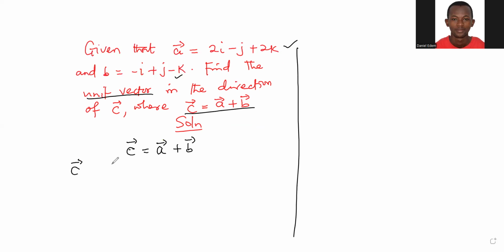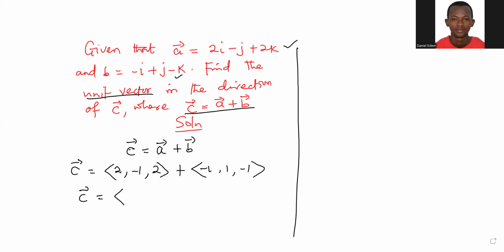And we know our A is 2, minus 1, 2 from here. Just take the coefficients, okay? Plus, what's my B? My B is minus 1, 1, and minus 1. So, we're going to add them component-wise.